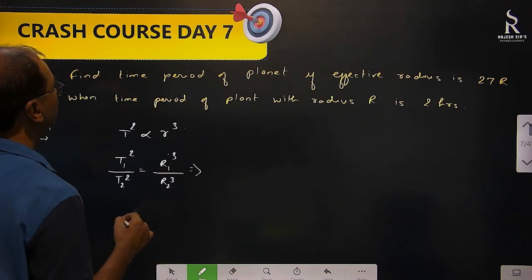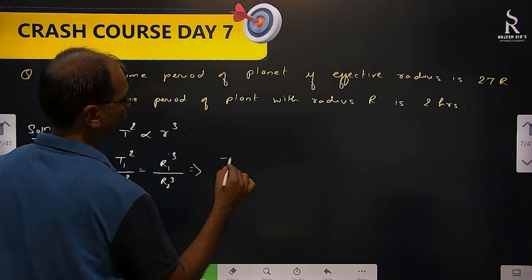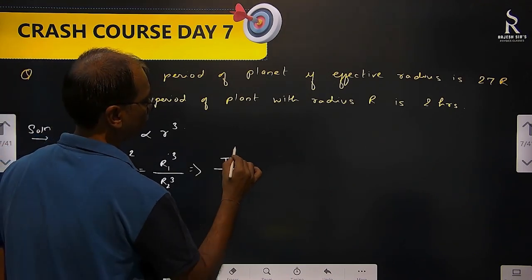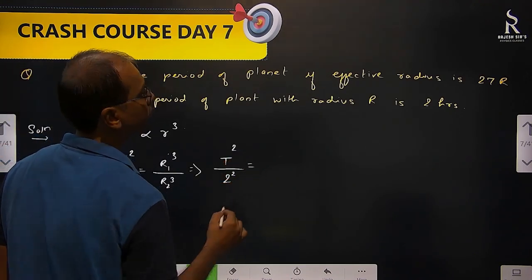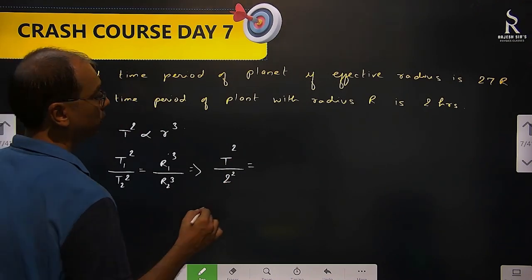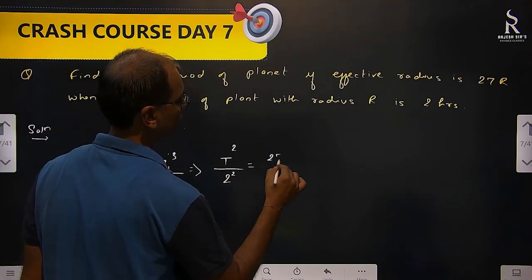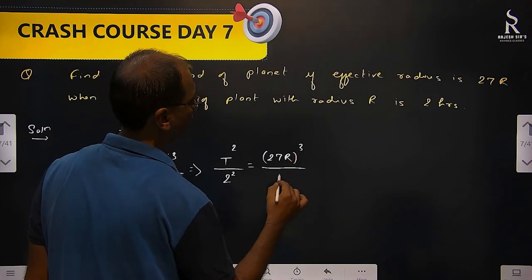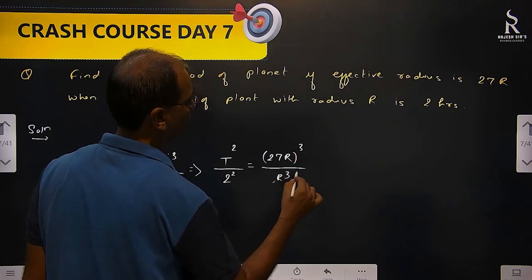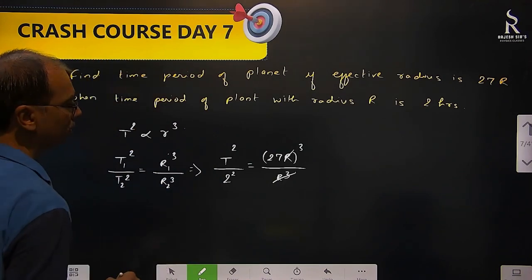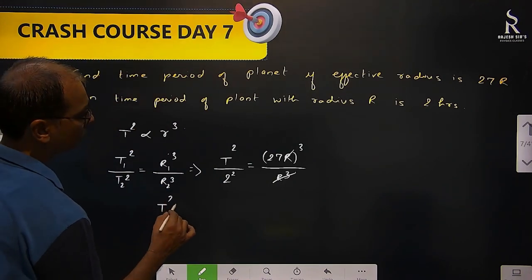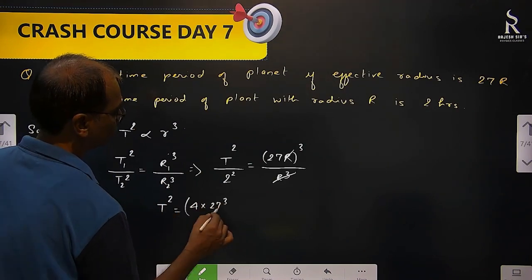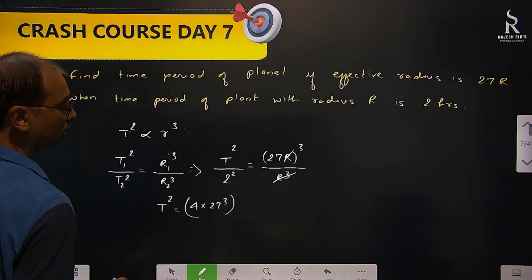We are finding the first one, so T. Second one is 2 square equal to 27r, and this one r cube. So r cube and r cube are cancelled first. Then T square equal to 4 into 27 cube.